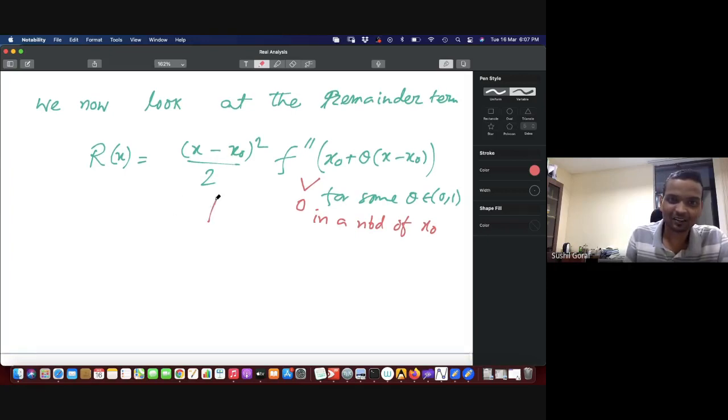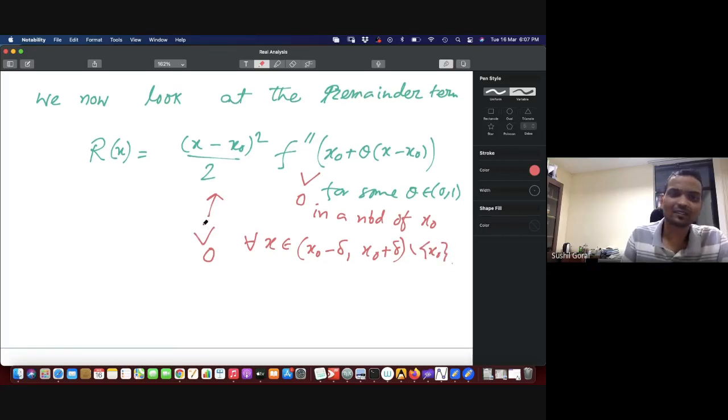So this part is greater than or equal to 0 for all x, actually strictly greater than 0, for all x belonging to x naught minus delta to x naught plus delta minus the point x naught.